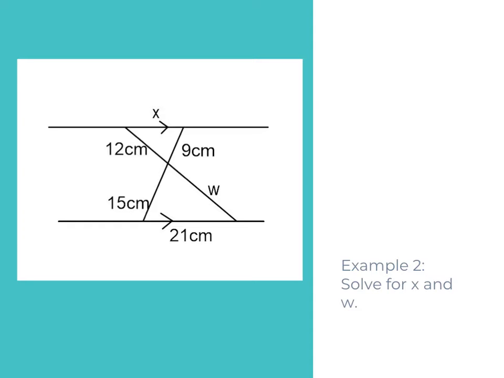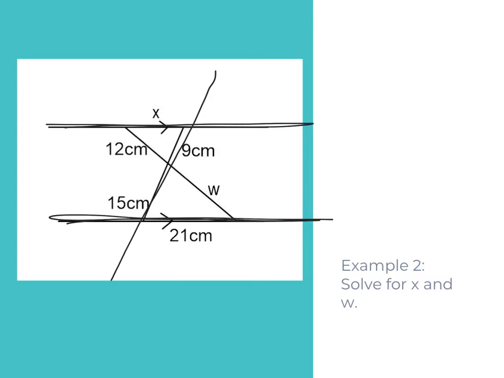All right, looking for x and w in this one, similar idea as before. We're going to make sure that our triangles are similar using one of our shortcuts, and then we're going to fill in our missing sides. I have parallel lines up here and down here, and they're being cut by two transversals, which means that this red angle and this red angle are alternate interior angles.